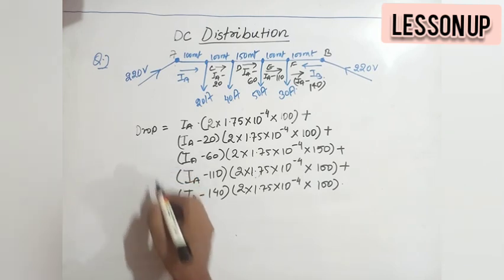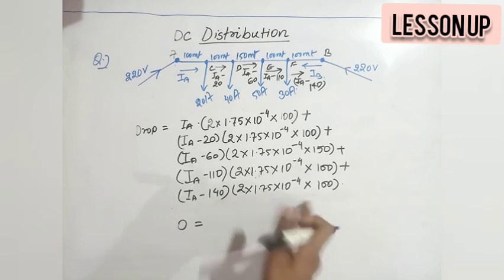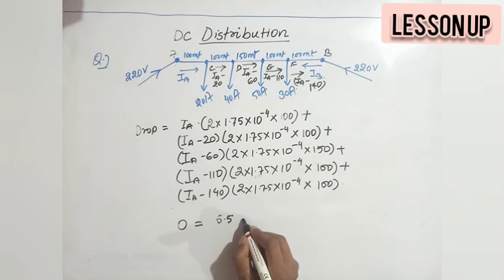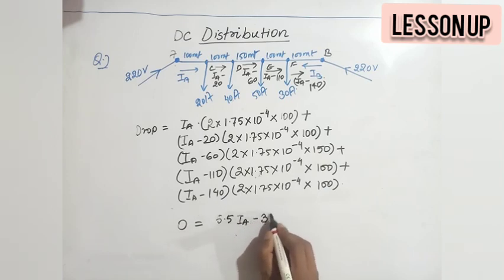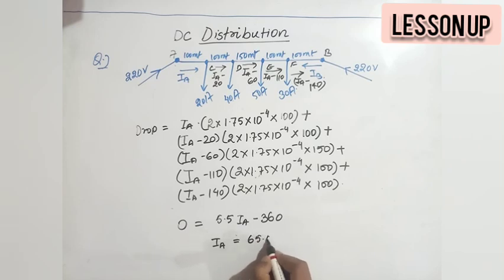We all know drop is equal to 0, and if you calculate this equation you will get 5.5 IA minus 360. From this equation we will get IA is equal to 65.5 ampere.